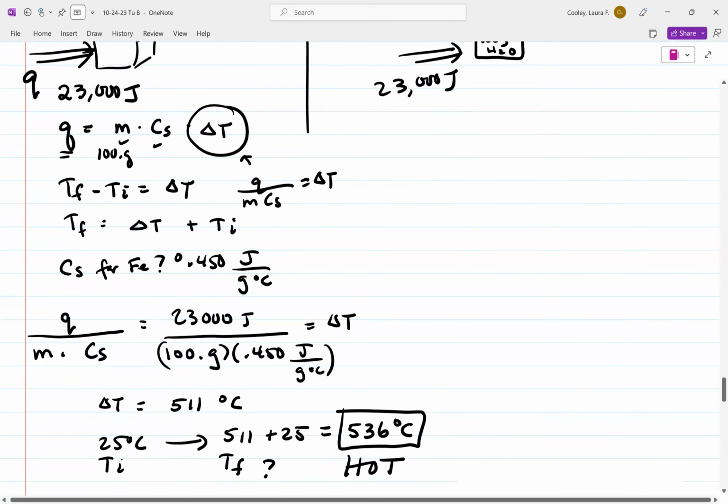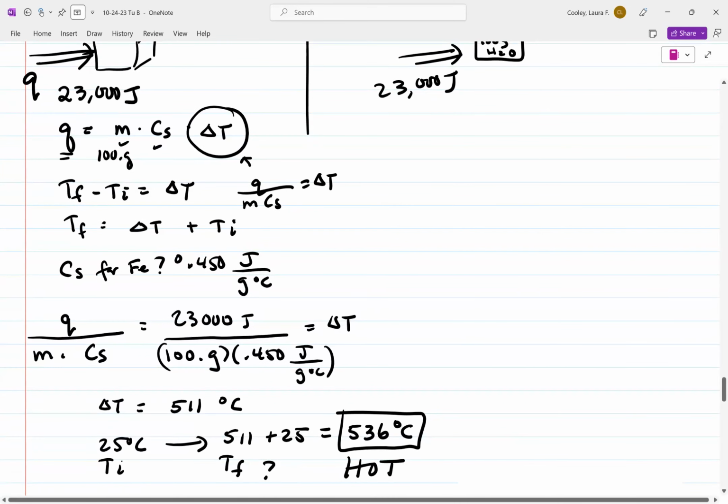What about if you do the same thing with water? When you say the specific heat for iron is 0.450, that's 0.450 what?